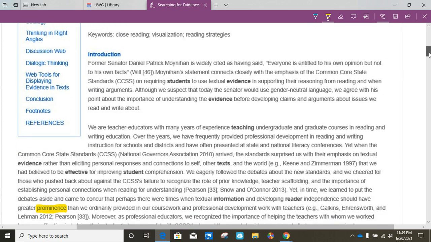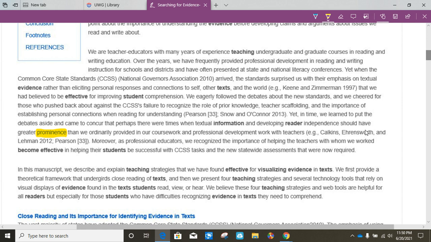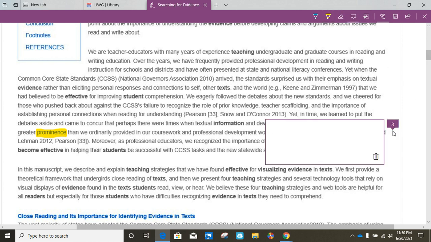Once I find out what prominence is and it's important to the text, I might need to make a note about that here, because this note is going to help. It's going to be a quick reference for me as I'm reading, so I don't need to go back and read that over and over again.